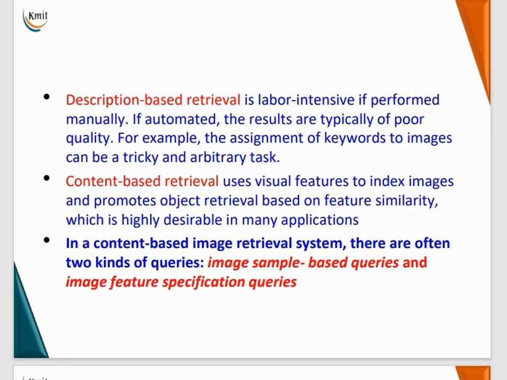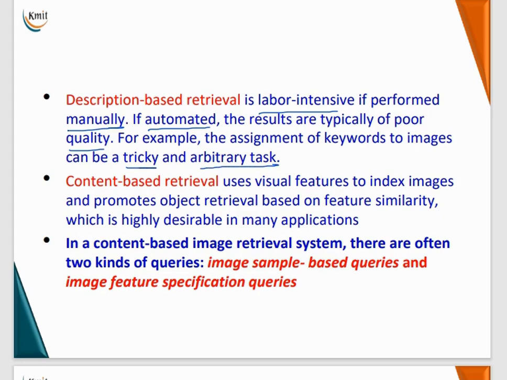Description based retrieval system is labor intensive if performed manually. If it is automated, the results are typically of poor quality. For example, the assignment of keywords to images can be a tricky and arbitrary task.